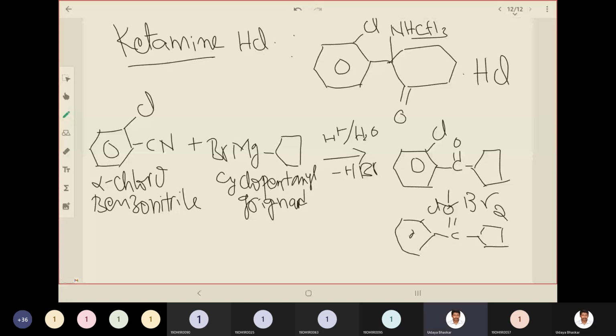So here, to this part, we need to add bromine. Why? Later we'll replace bromine with NHCH3, methylamine. So we'll add methylamine.